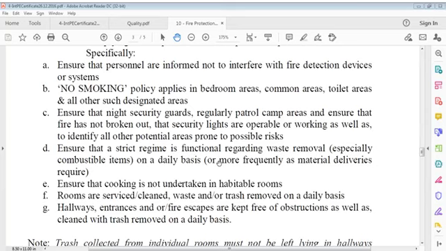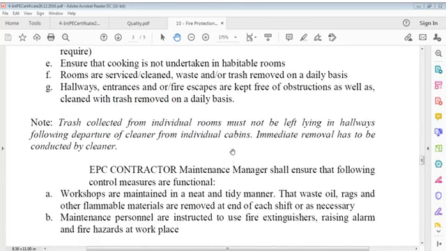Ensure that a strict regime is functional regarding waste removal, especially combustible items, on a daily basis or more frequently as material delivery requires. Ensure that cooking is not undertaken in habitable rooms. Rooms are serviced, cleaned, waste and trash removed on a daily basis.